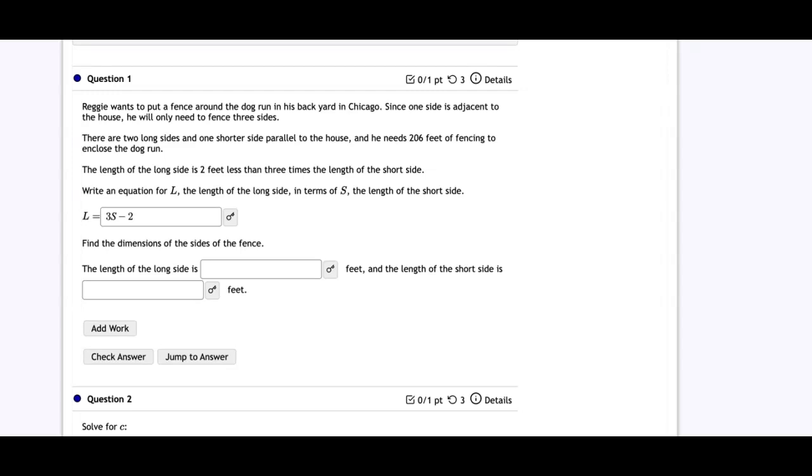Distribute 2, right? So we get 6S minus 4 plus S. Okay, the short side is 35. If the short side is 35, can you find the long side?